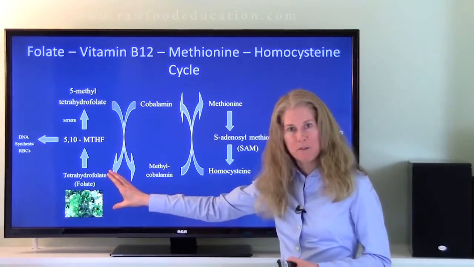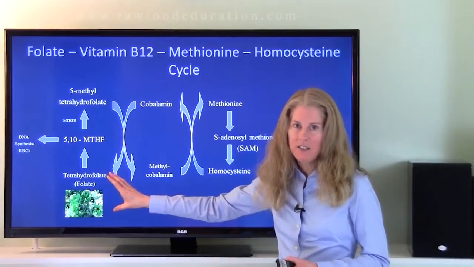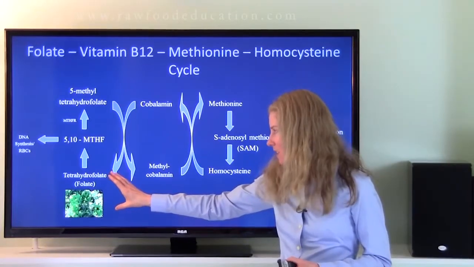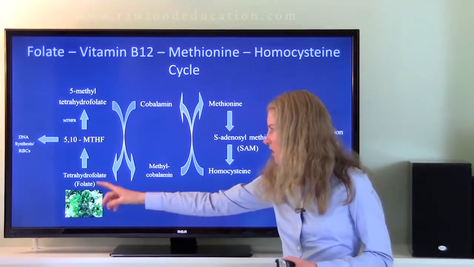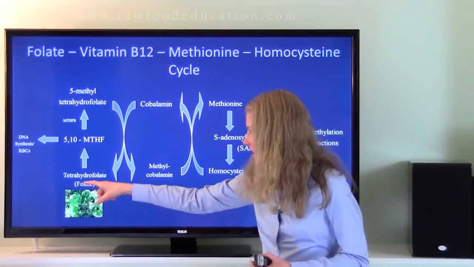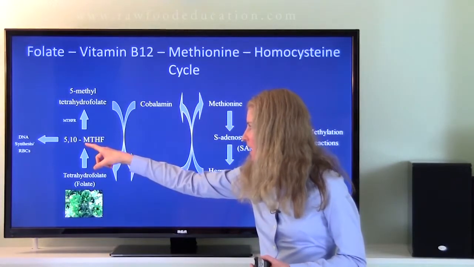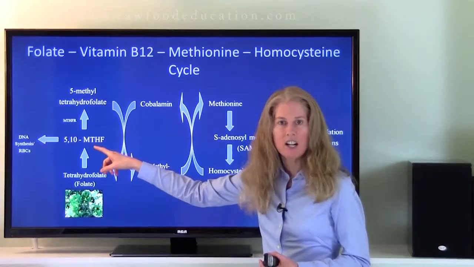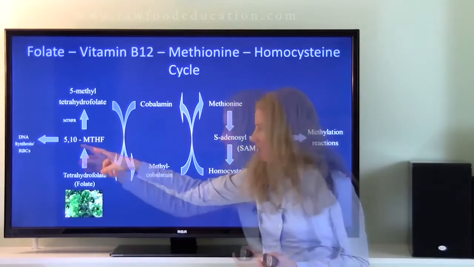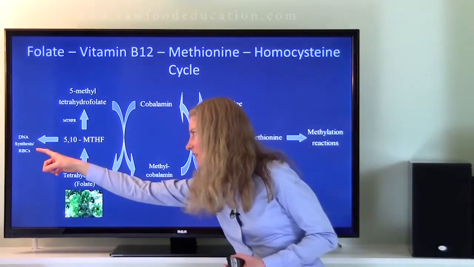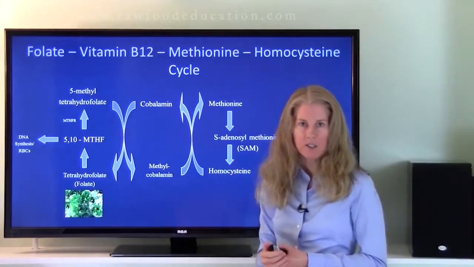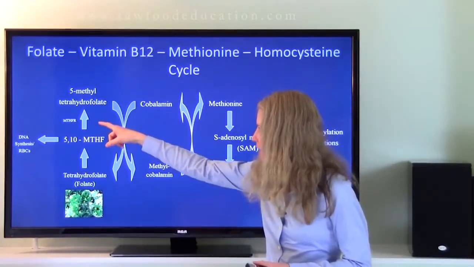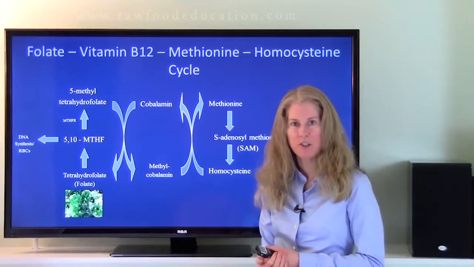If you remember from what I said earlier, the scientific name of folate is tetrahydrofolate. So folate here is converted into methylene tetrahydrofolate, which can take a couple of different pathways. It can either go into DNA synthesis or red blood cell synthesis, or it can be converted into 5-methyl tetrahydrofolate.